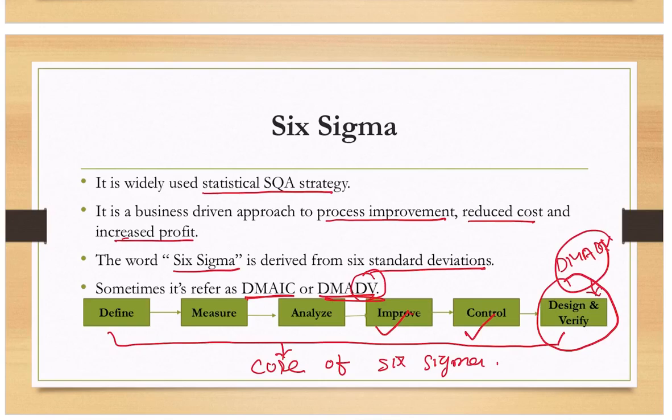Design is to avoid the root causes of defects and meet the customer requirements, and verify is to verify the process, avoid defects and meet customer requirements. So this Six Sigma is widely used in software engineering for the standards, right?